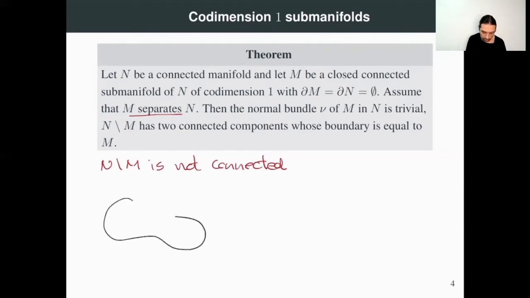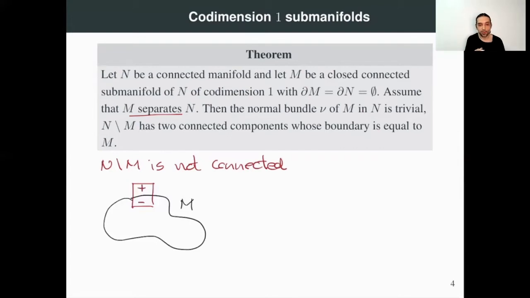We consider our manifold M, which is a submanifold of N, and locally we can see this manifold in some local chart as the vanishing of one of the coordinates. So we can consider something like this. And if, for instance, that coordinate is x1, there are two sides: x1 positive and x1 negative.